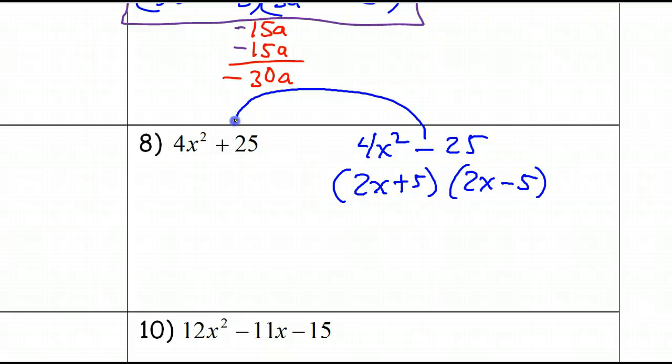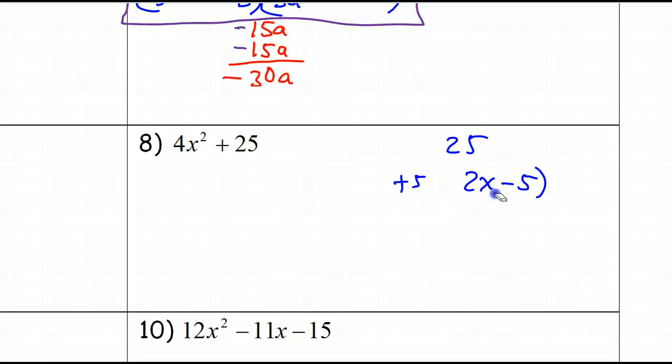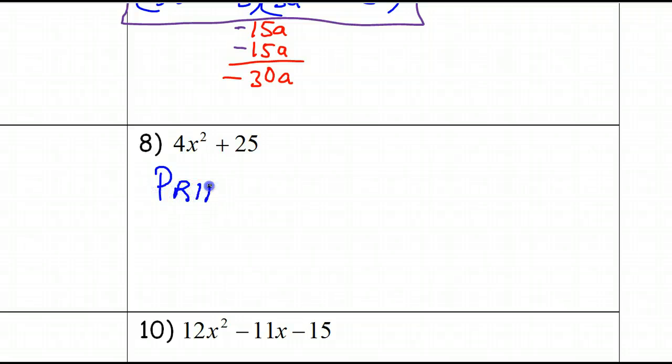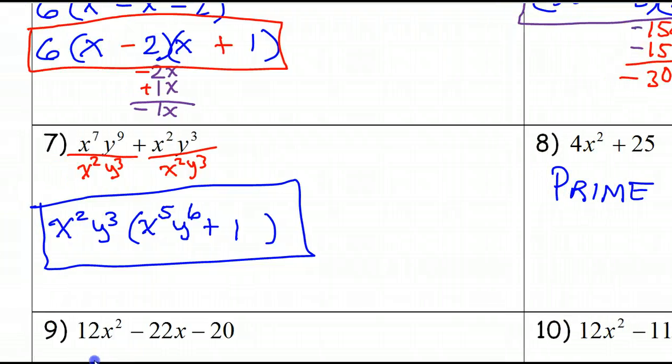But this is not subtraction. This is addition. Addition doesn't work like this. In fact, the sum of 2 squares is completely unfactorable. So number 8 is prime. Okay? You can't do it.